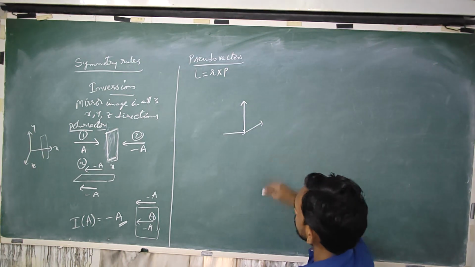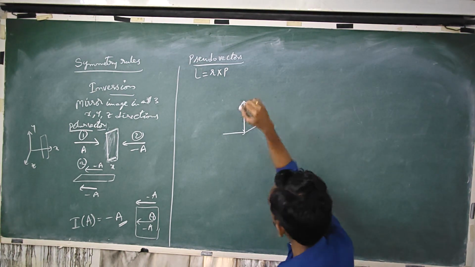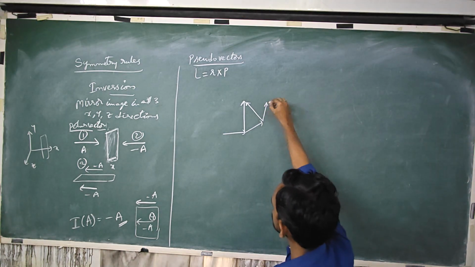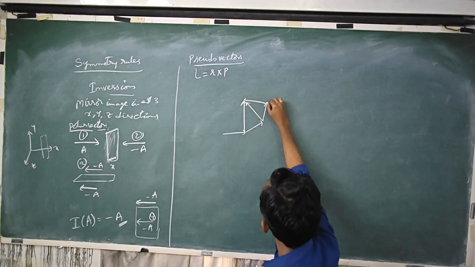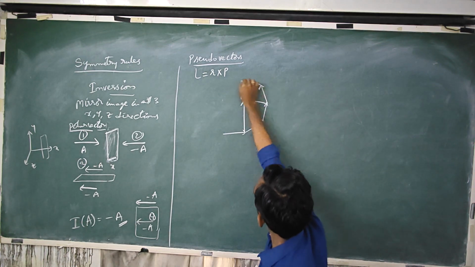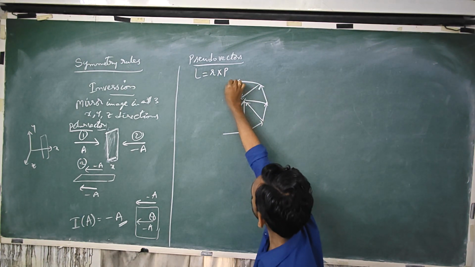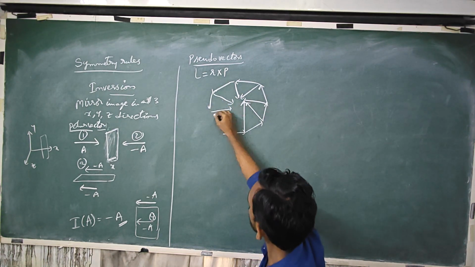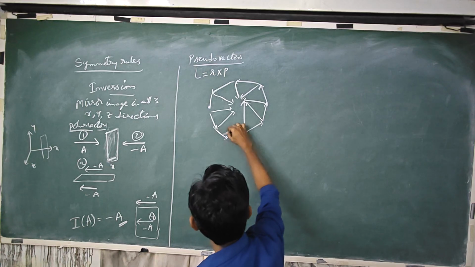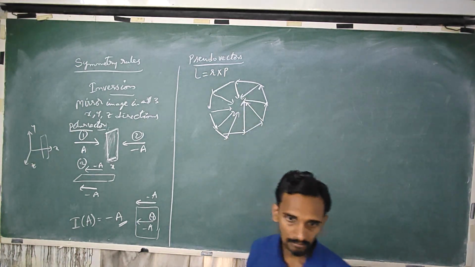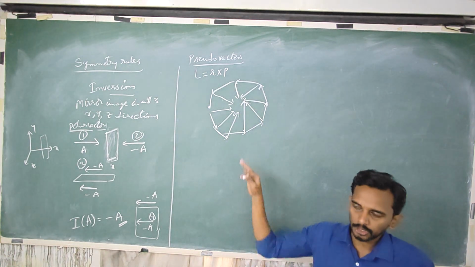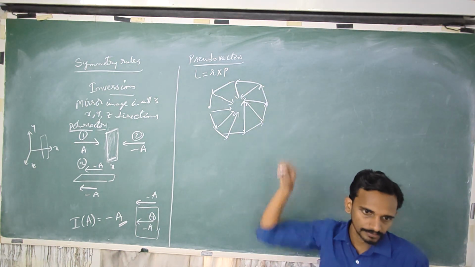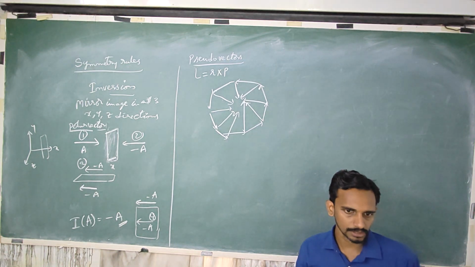Again apply a force perpendicular to this, and it changes direction. So at every point, if you apply a force perpendicular to the direction of motion, the object comes into circular motion.